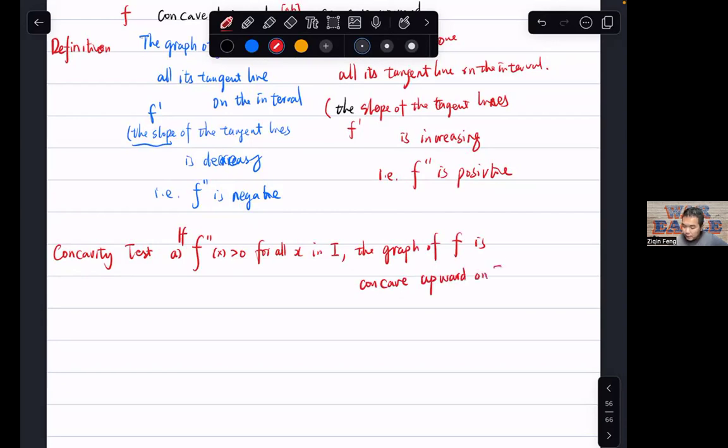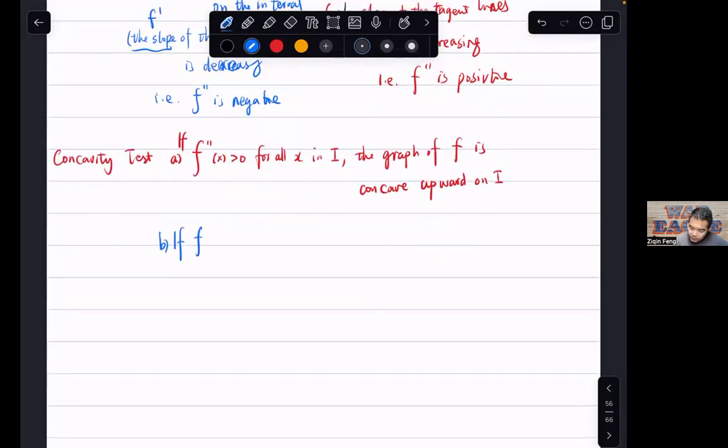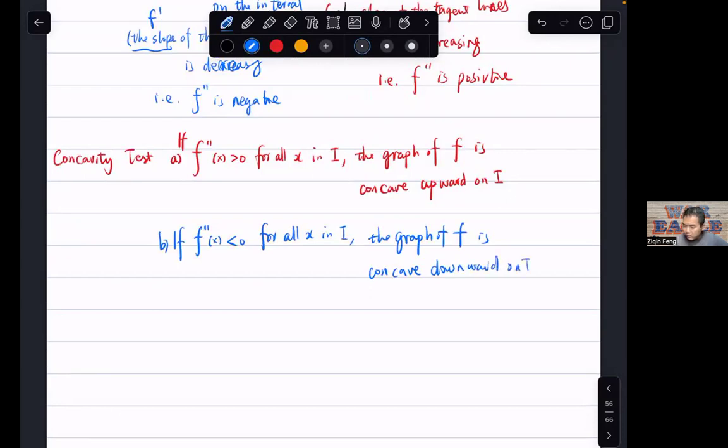And if f double prime of x is less than 0 for all x inside I, then the graph of f is concave downward on I. Concave upward looks something like this, concave downward looks something like this.